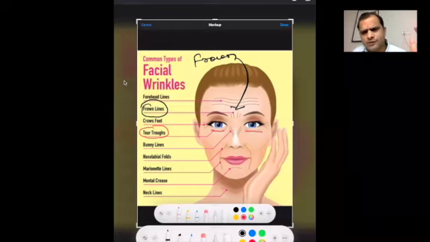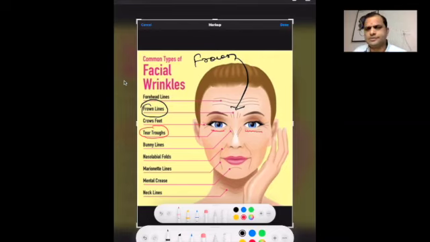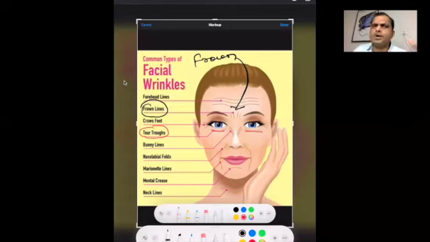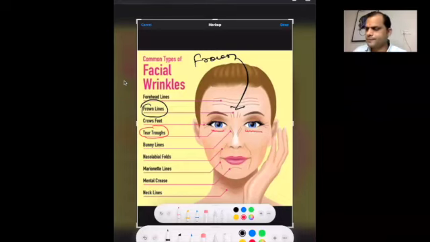And patients come for treatment of these lines only. They don't want lines on the face. But we can't treat the lines without doing the diagnosis. We should understand first that these lines are connected with the metal element, as well as they may be connected with some other element also. We'll see one by one.